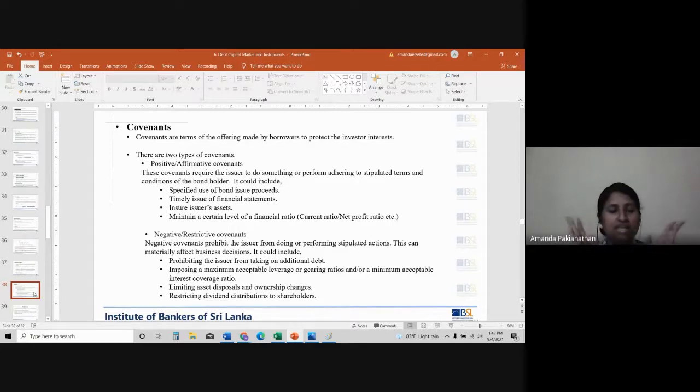One example is, if you cannot take on additional debt, the debenture holder can say, no, for the next 5 years, this is it. You cannot opt for any other debt financing.